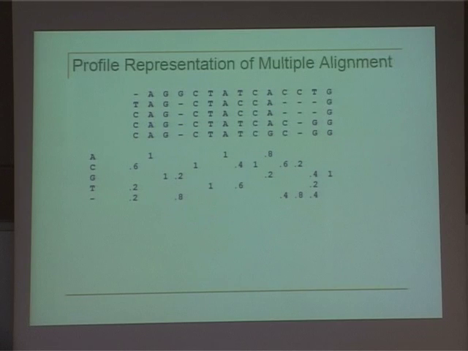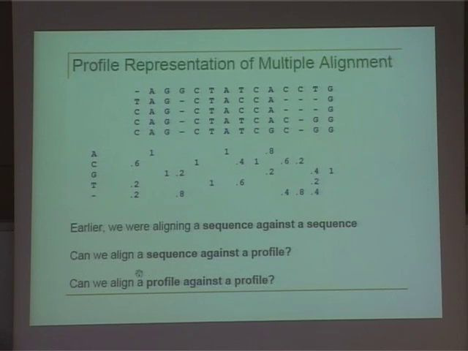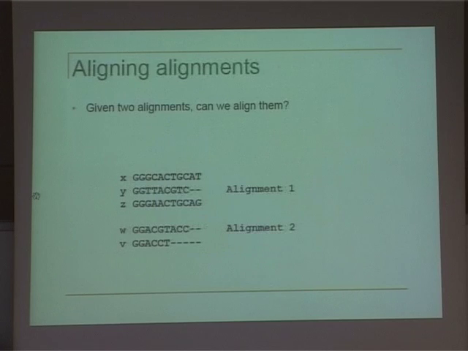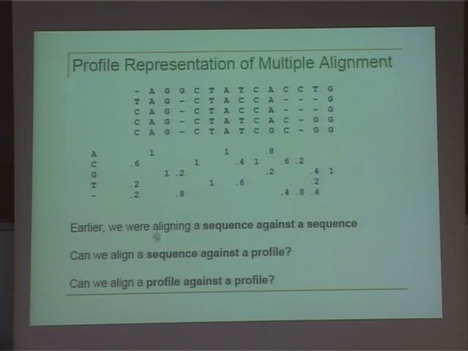Now, we have also seen the profile representation of a family, using the frequencies of each amino acid or nucleotide in a column. And we also said that we can align a sequence against a profile. We have seen how we align a sequence against a profile by maintaining these profiles for each pairwise alignment, sometimes by aligning a profile against a sequence or by aligning two profiles.